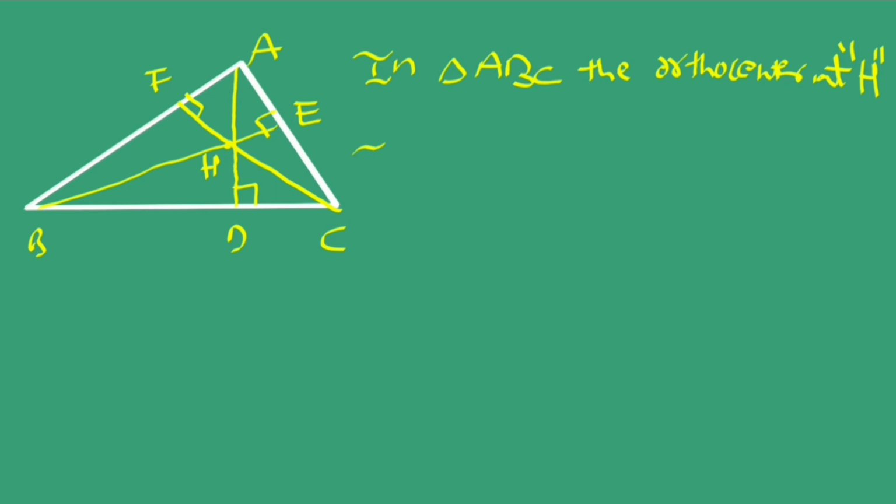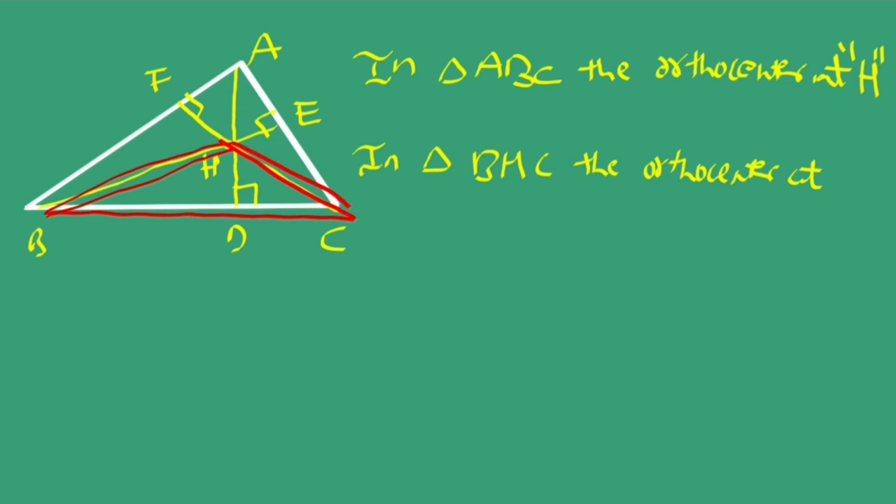Now in triangle BHC, I am talking about this triangle BHC. This is an obtuse angle triangle, no? So the orthocenter lies on the back side of the triangle.